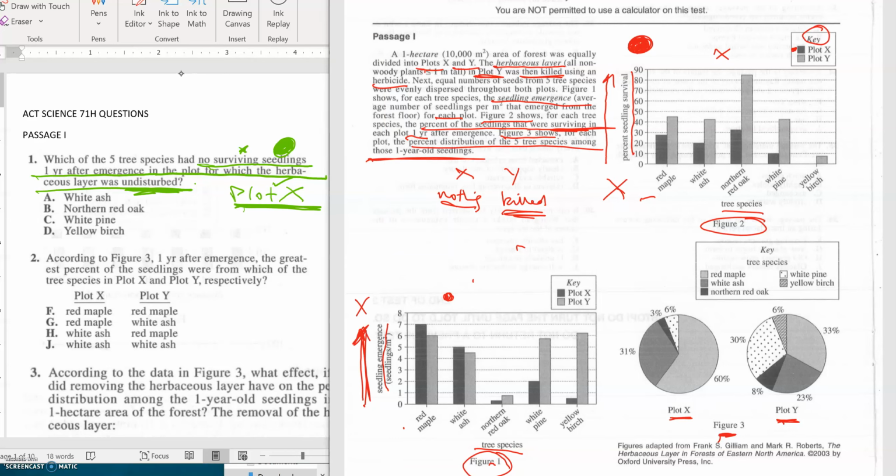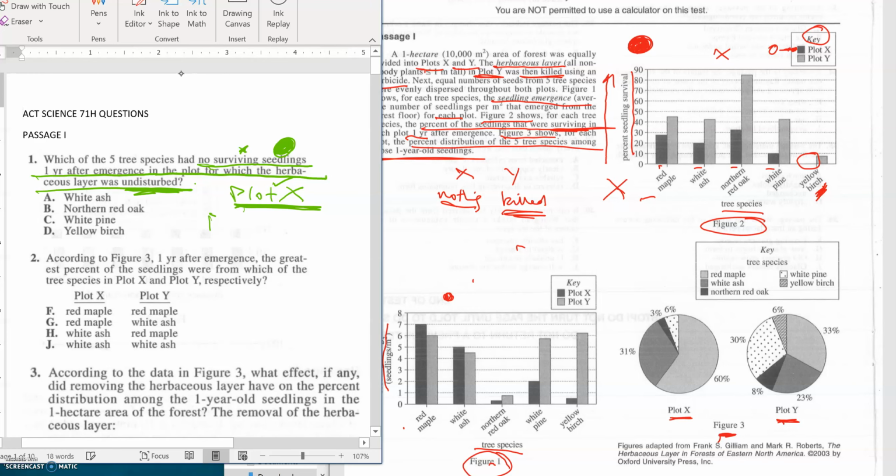So we need to see some place where this is 0, right? When this is 0, that means there's no survivors. And we see that, okay, here, yes, here, yes, here, yes, there, nothing. That's plot X. We're in the right place. It's percent of seedling survival. So that is going to be the yellow birch, and that is D.